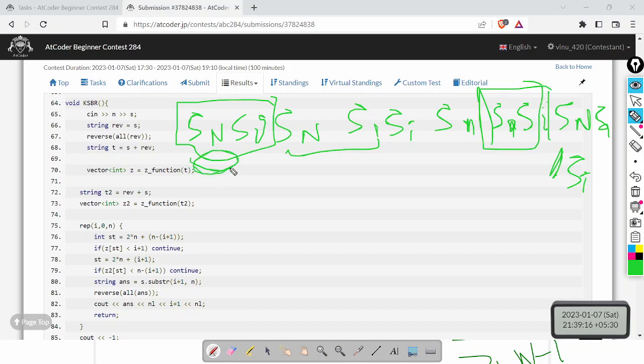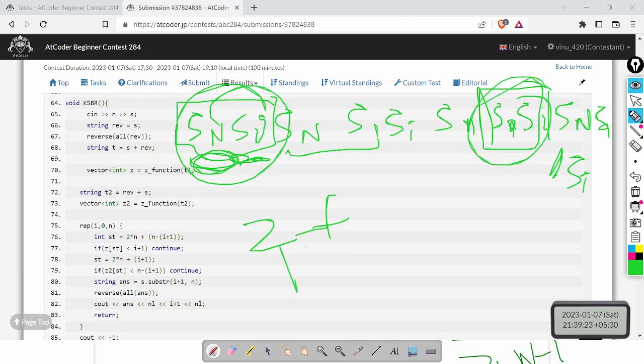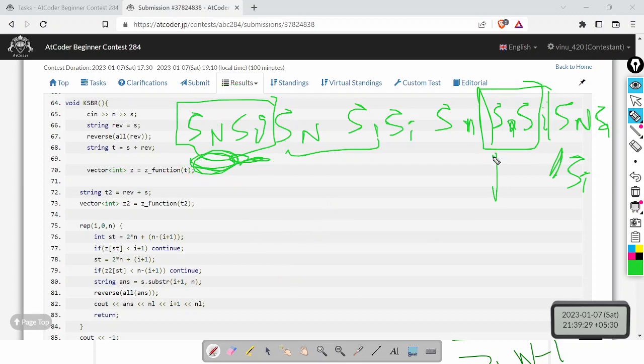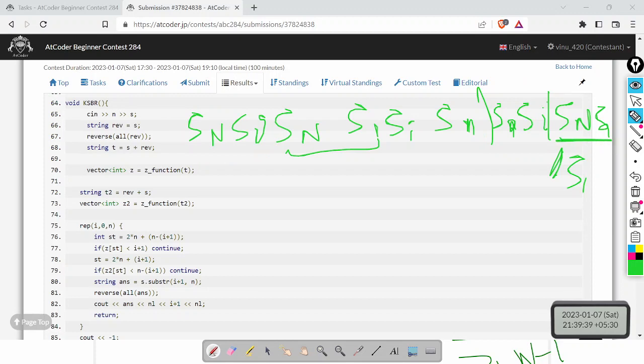So we will compare if this prefix, because with z function we can compare the prefix with some random substring. What z function allows us is to compare the prefix with some random substring, with a substring starting from somewhere. So we will compare this and the z value of here, how it is this sn to s1. So sn to s1.